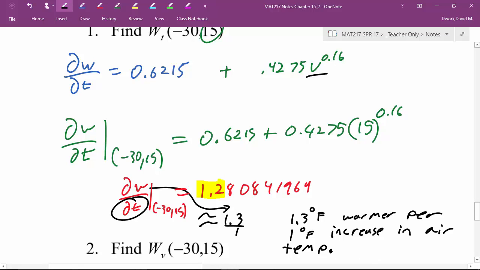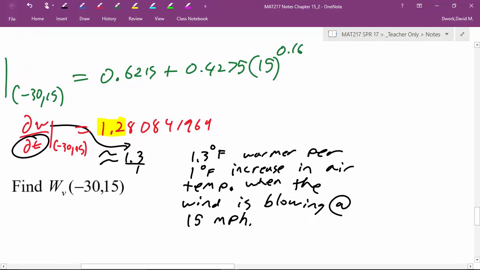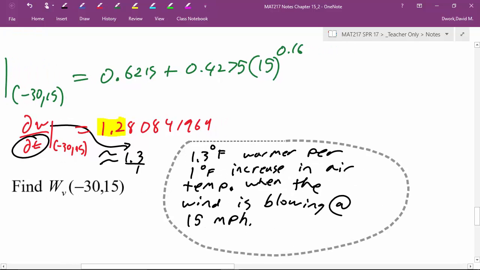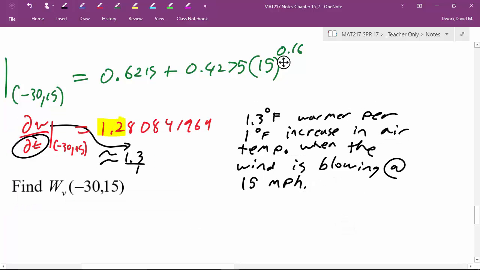So I have to include when the wind is blowing at 15 miles per hour. Does that make sense? So if the wind is blowing at 15 miles per hour and it gets 1 degree warmer outside, so the air temperature goes up by 1 degree, it's actually going to feel 1.3 degrees warmer.